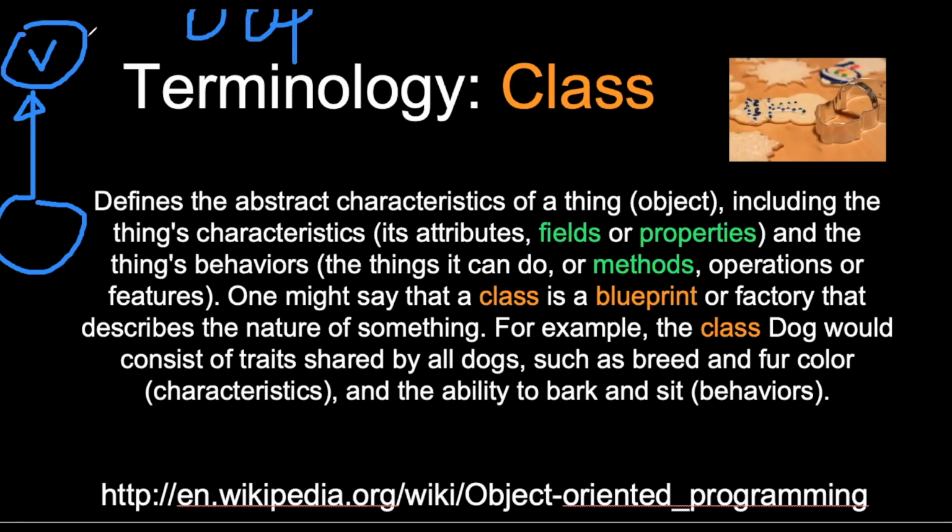You have V, which is the parent class, and underneath it you have car, C-A-R. You can also have another child right here. What is another type of vehicle? You can have a boat. A boat is a vehicle.